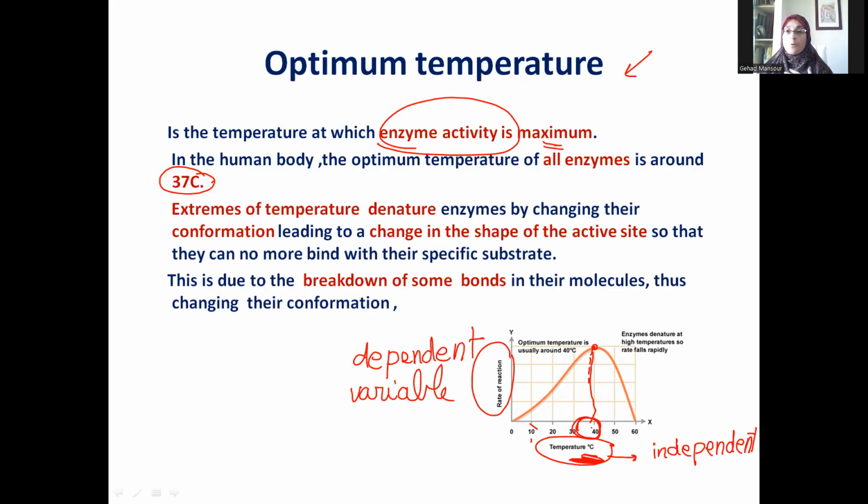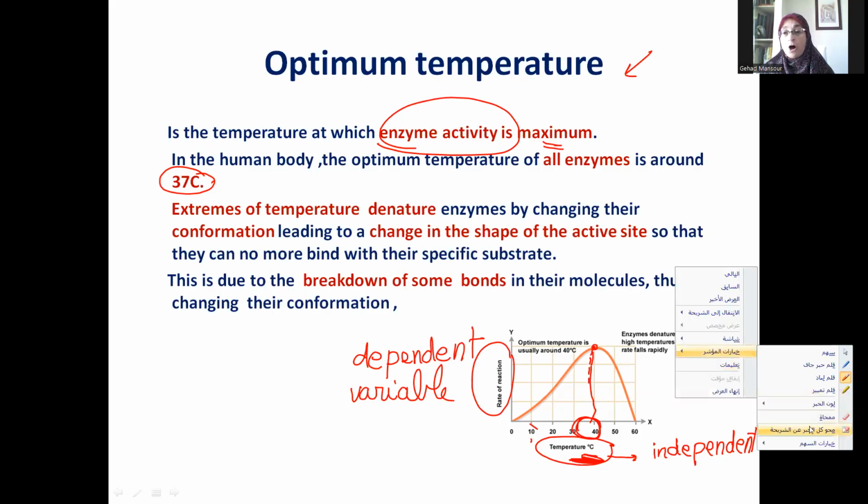Of course, our optimum temperature is not 40. Our optimum temperature is 37. So this might be a graph of another living organism whose optimum temperature is stabilized at 40.